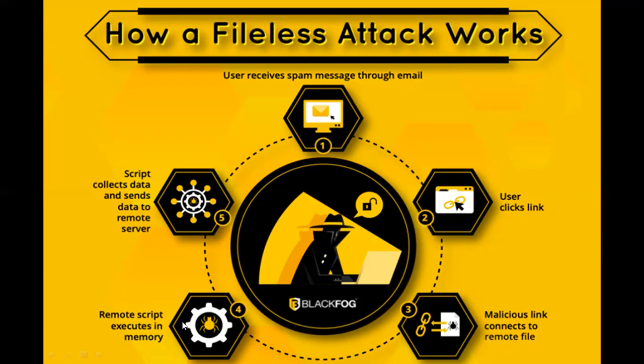What they do is try to execute scripts in the system memory, like I said, to as much as possible evade any form of detection. And if that is successful, it's not stopped by advanced anti-malware solutions that use machine learning and behavioral-based analysis.